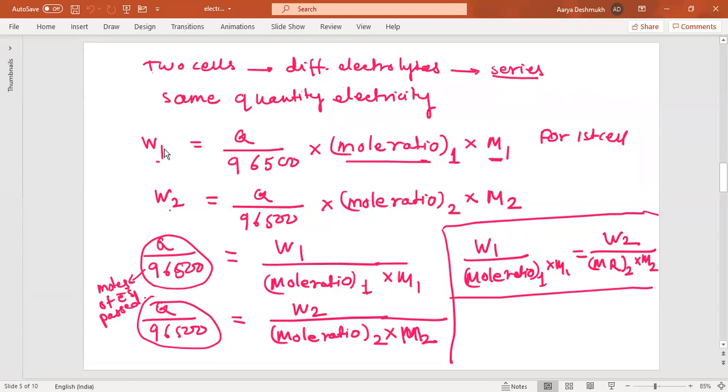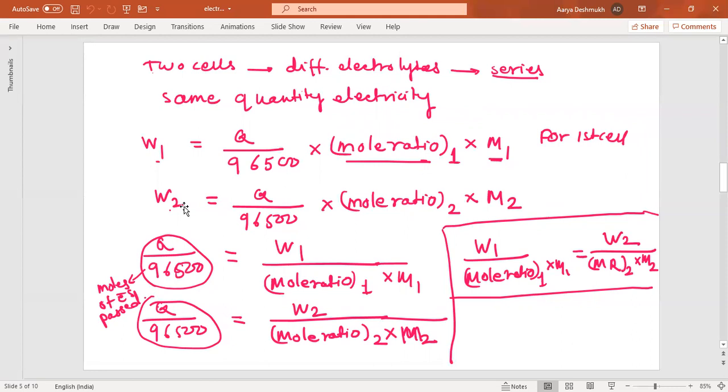W1 is the mass of the product formed at one electrode, and W2 is the mass of the product formed at the other electrode. Those can be calculated using Q divided by 96,500 into the mole ratio of the half reaction at the first cell, into the molar mass of the product for the first cell.